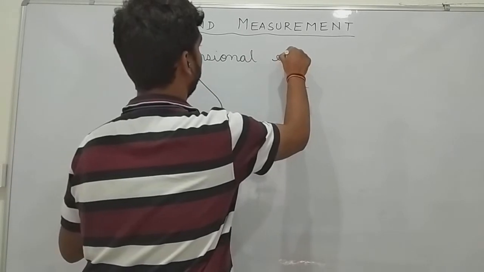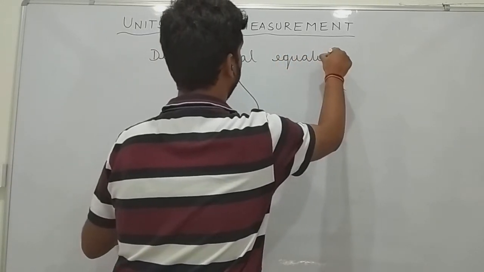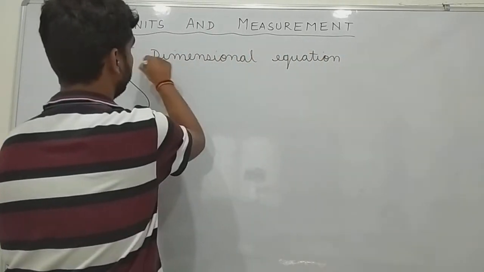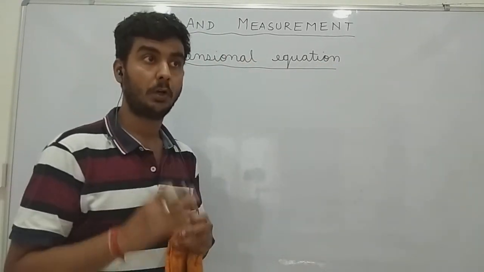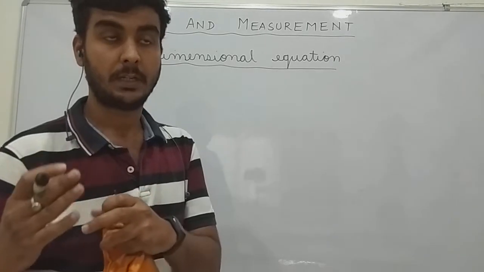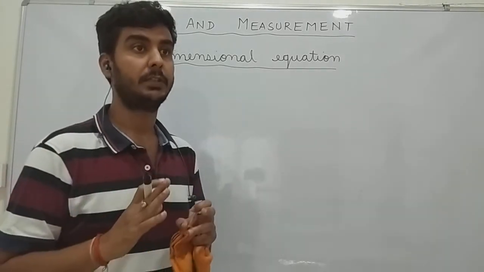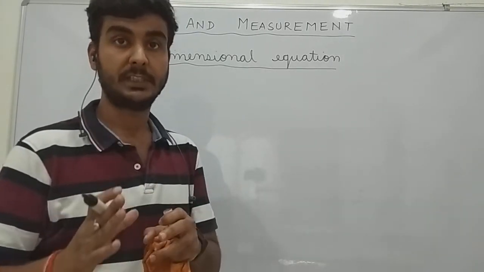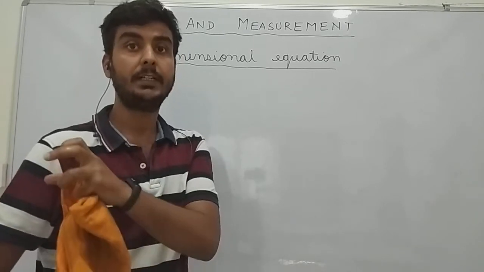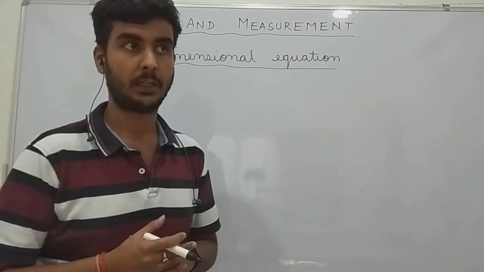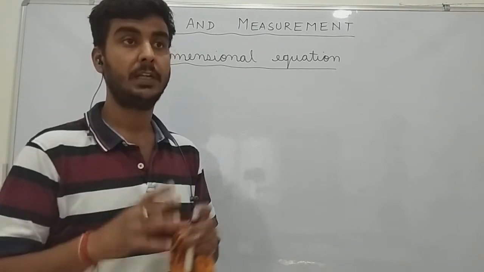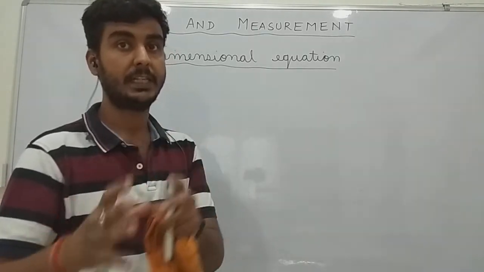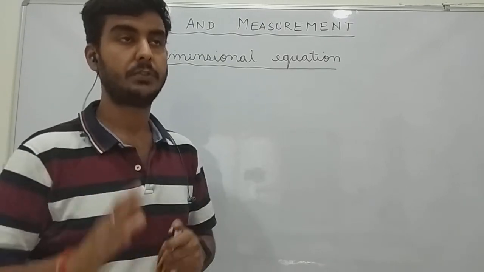A dimensional equation consists of an equation in which the physical quantity is equated to its dimensional formula. Means a dimensional equation is something in which a physical quantity is equated to its dimensional formula.